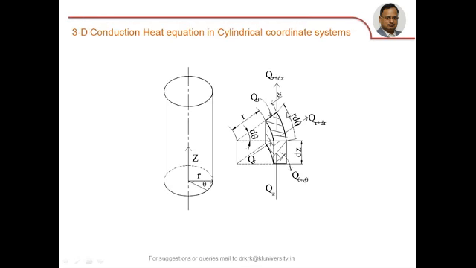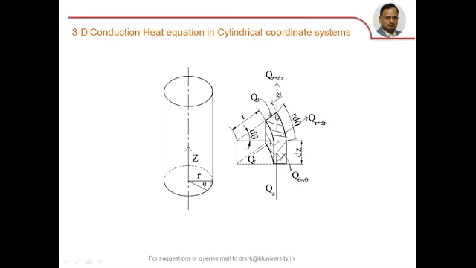And in the radial direction, take a thickness of the element equal to dr. So the radius up to this point from origin O is r, and the radius up to this point is r plus dr. And the subtended angle of this arc is d theta. So the length of the arc is r d theta.